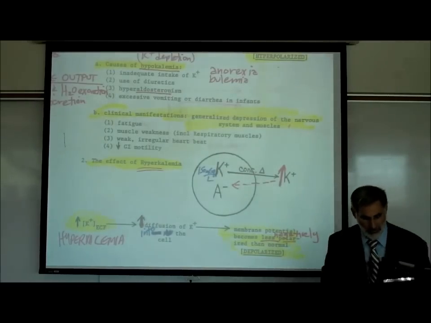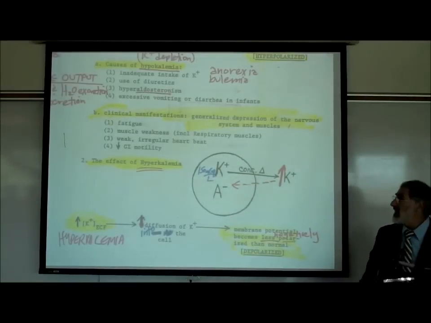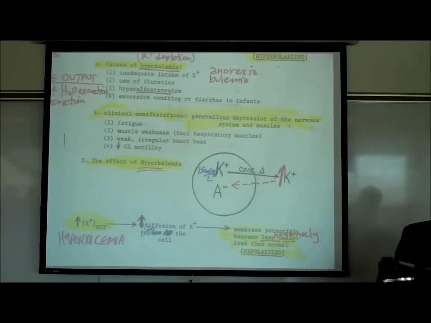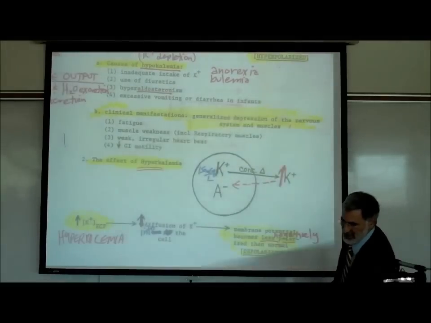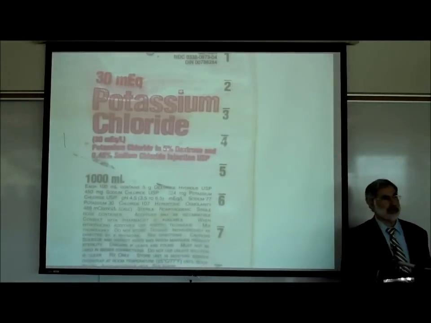Everything has slowed down. Now, the good news is it's easily fixed. In the case of that infant, give them Pedialyte. If you've lost potassium and electrolytes from sweating, drink some Gatorade or Powerade. Eat a banana. Now, if it's more serious, in the hospital setting, they're going to give you potassium chloride.